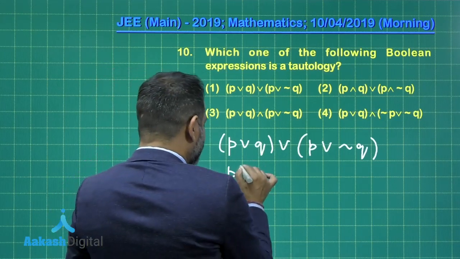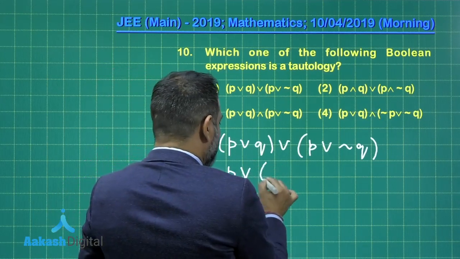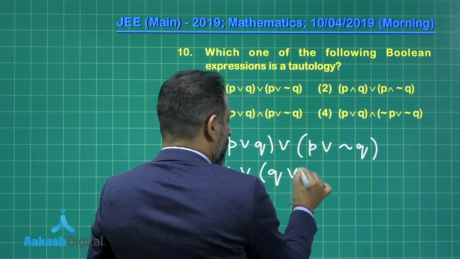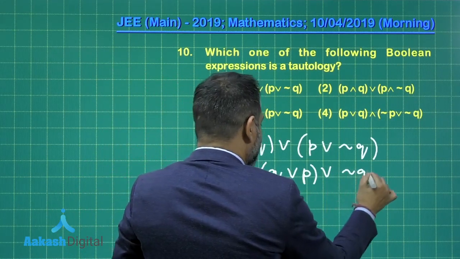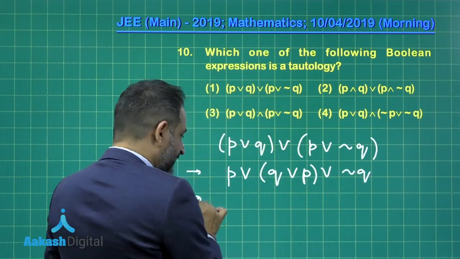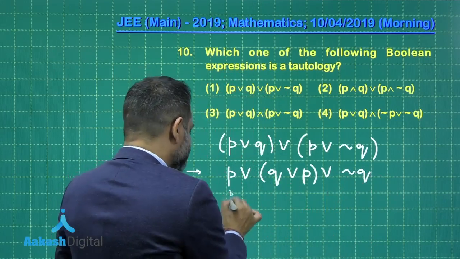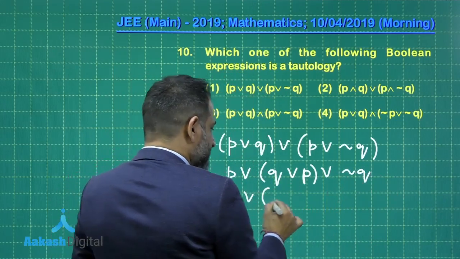We can have P or Q, or we can write here Q or P, again or negation of Q. Now again we can make a simple change here because the or is commutative.